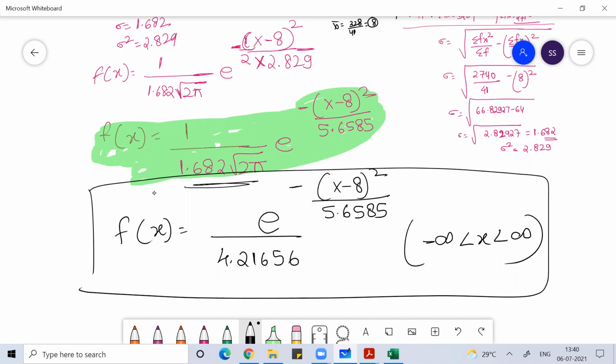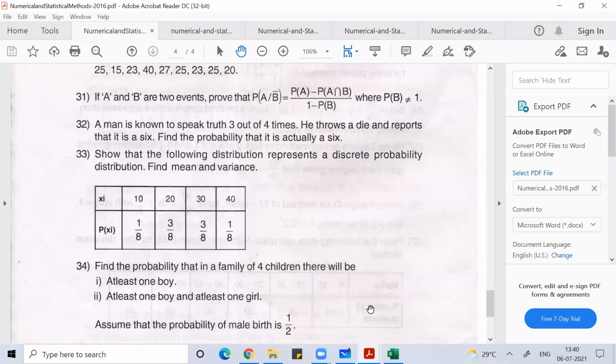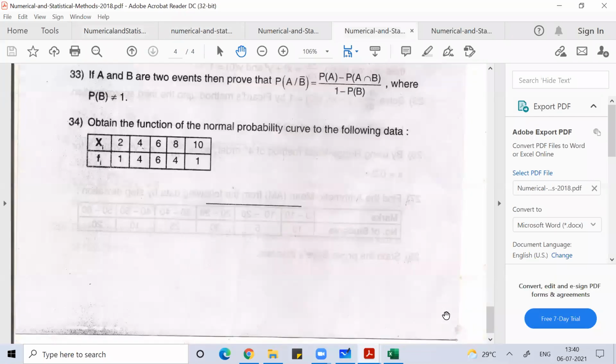Anyone have any doubt? Do this question, guys. Question number 34.